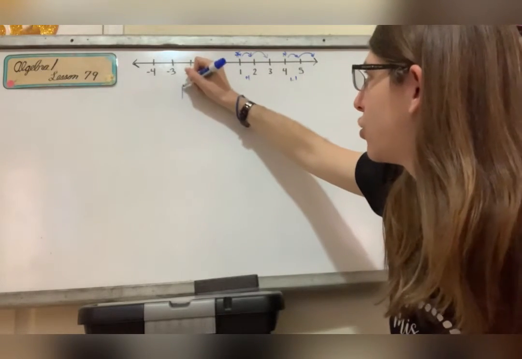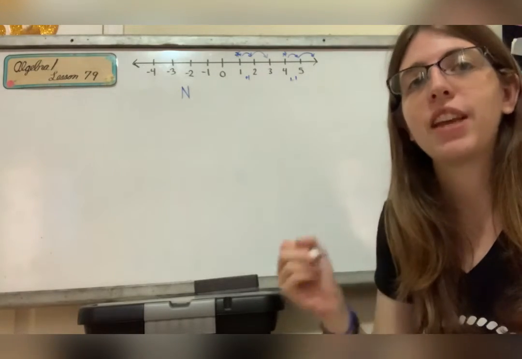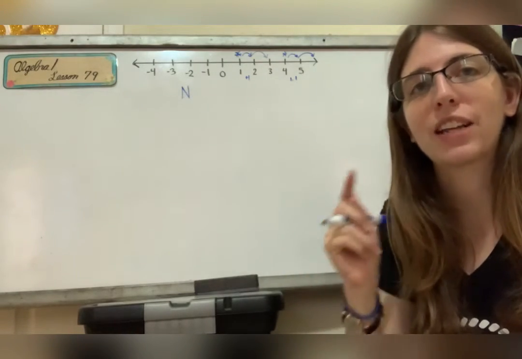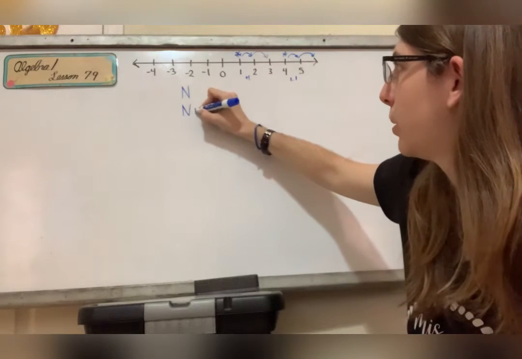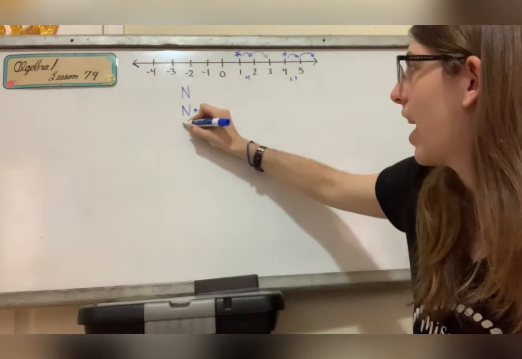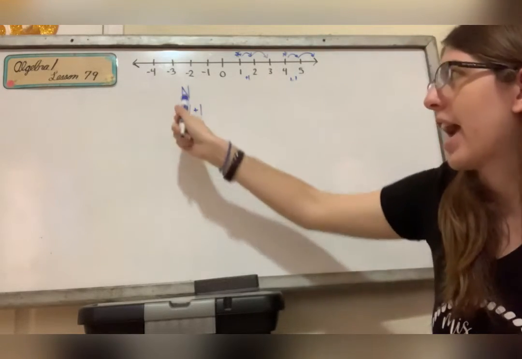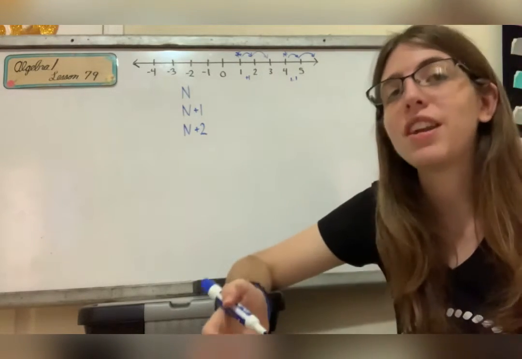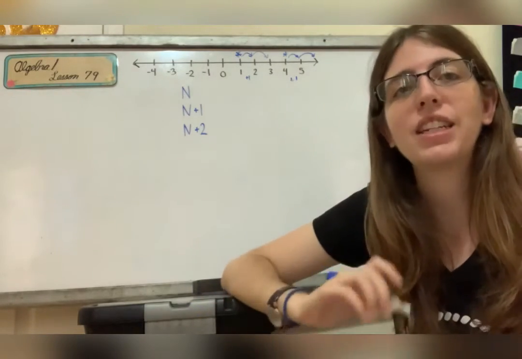So our first integer we represent with n. Now I want to know consecutive integers, so numbers that are right next to each other. So the next number would be n plus 1. And the next number would be n plus 2. I have to use n because I don't know what the number is yet. I want to know what 3 consecutive numbers.